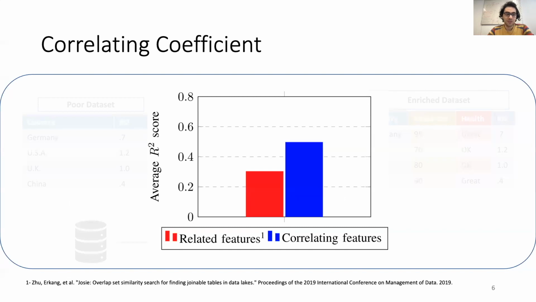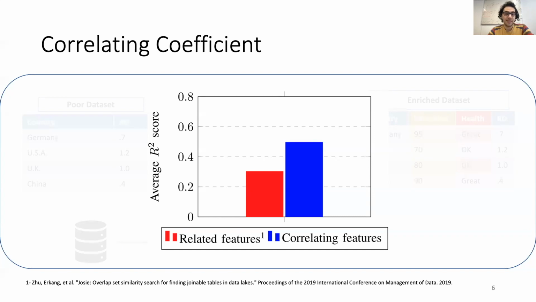This experiment shows the average R2 score of the machine learning task for 10 Kaggle data sets. Both of these approaches use the DWTC corpus to enrich the data set with an additional 50 features. The system represented with the red label enriches the data at hand with the most related features, which means joining with the tables that have the most overlapping values with the input data set.